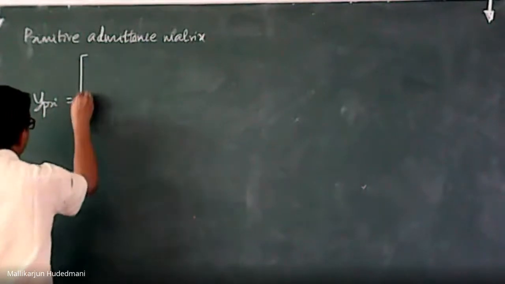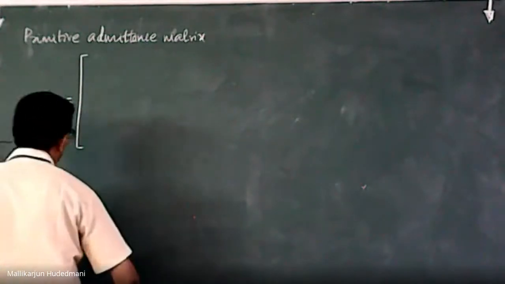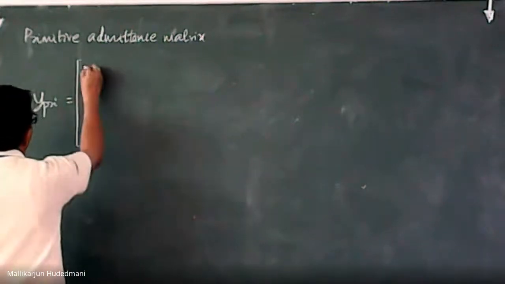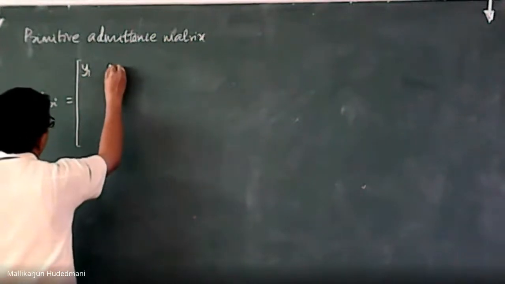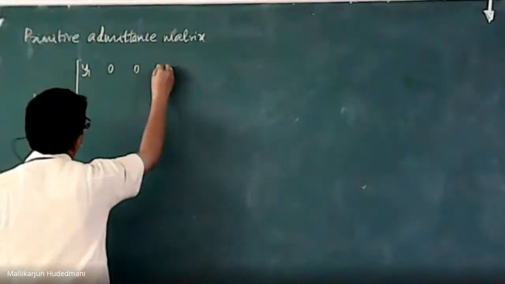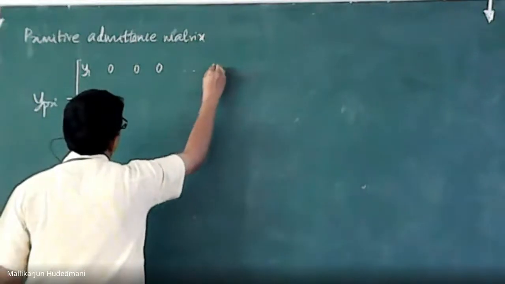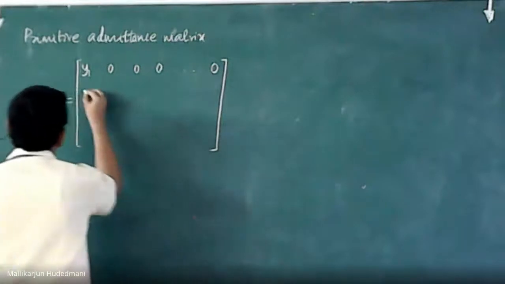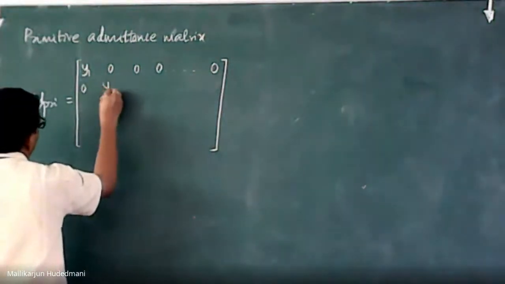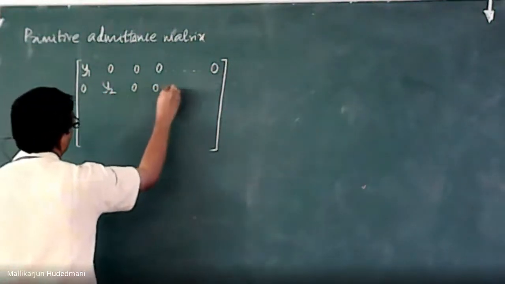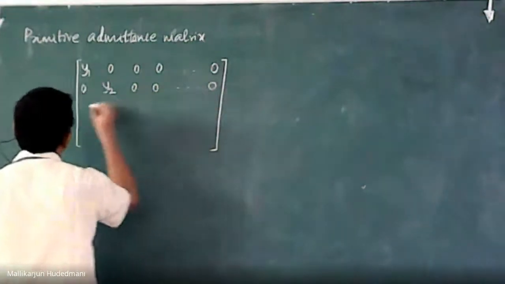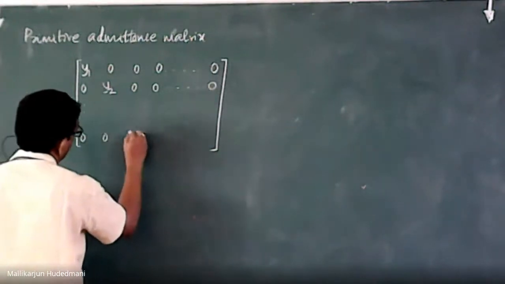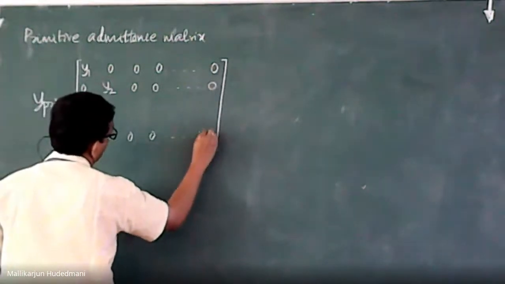Let me write it in the form of elements noticed in this way: Y1, 0, 0, 0, up to the nth order. Then 0, Y2, 0, 0, and similarly 0, 0, 0, 0, YN.